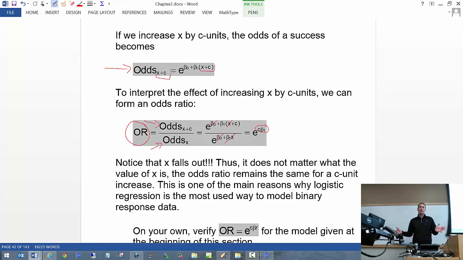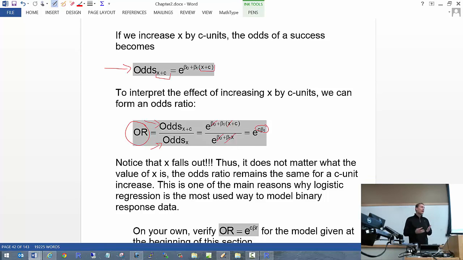X plays no role at all. So in a practical sense, in terms of that place kicking example, what that means is if I want to compare a 30-yard field goal to a 40-yard field goal, my odds ratio will be exactly the same as one comparing, let's say, 45 yards to 55 yards. As long as I do that same constant increment.